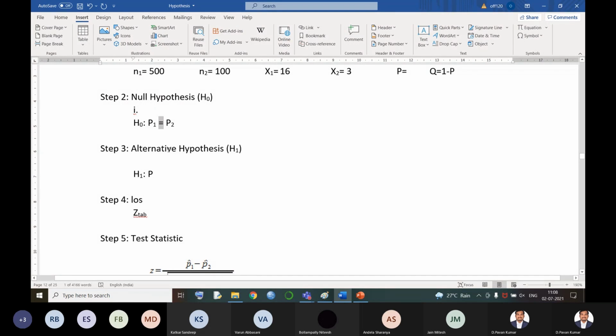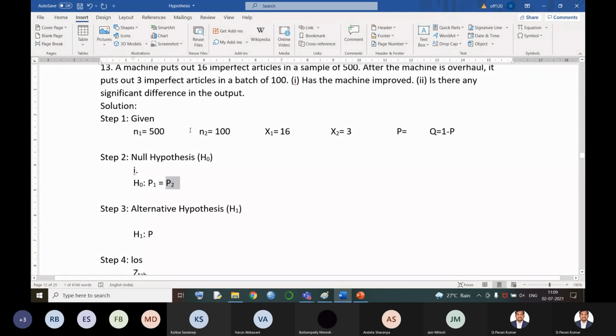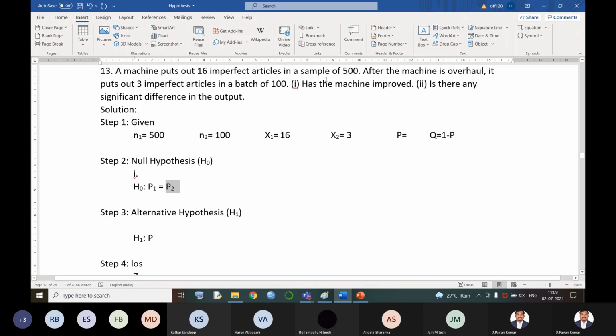Equal to symbol means the proportion of defectives before and the proportion of defectives after repairing are the same. If I want to say it with an equal to symbol, what is the statement that I need to write? The machine is not improved. If it is not improved, then the defectives before and after repairing will be the same.